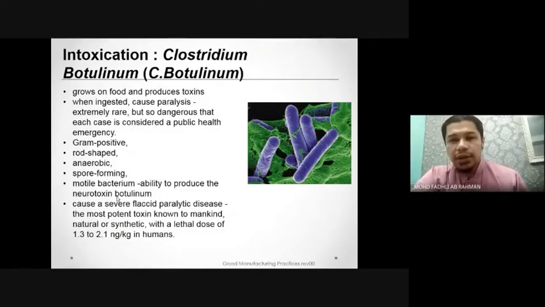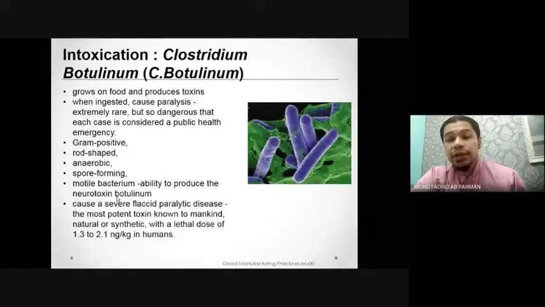These types of bacteria are mostly a concern in the canning process. That's why in the canning process we do sterilization up to 121 degrees Celsius to make sure this type of bacteria is dead.